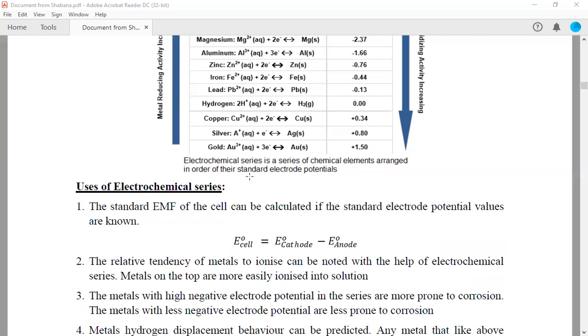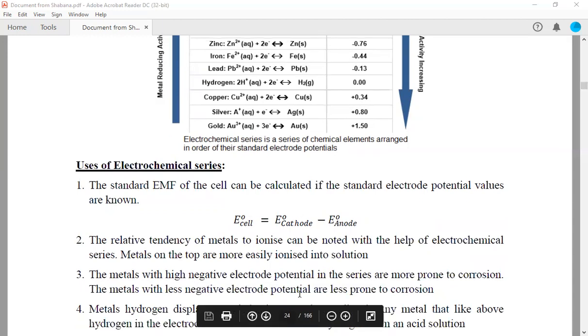That's why we call them strong reducing agents. Whereas the metals which have less negative electrode potential, that is the metals present below the hydrogen, all have positive values. So they are less prone to corrosion, and that's why they act as oxidizing agents and undergo reduction easily.